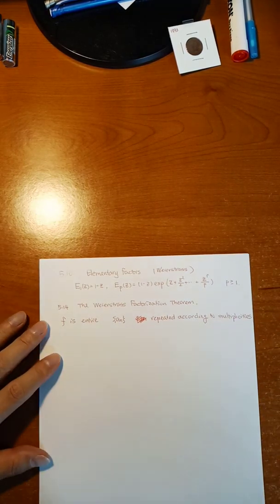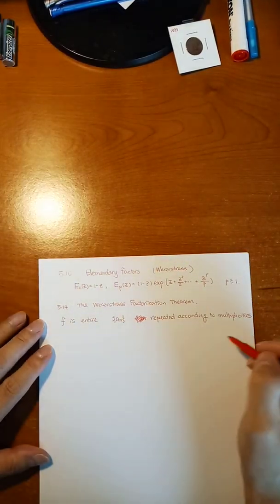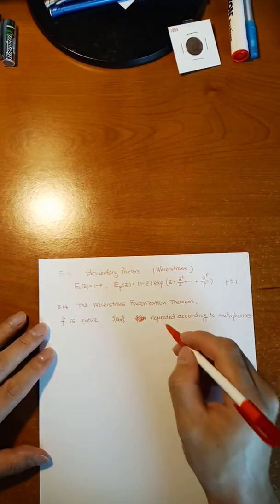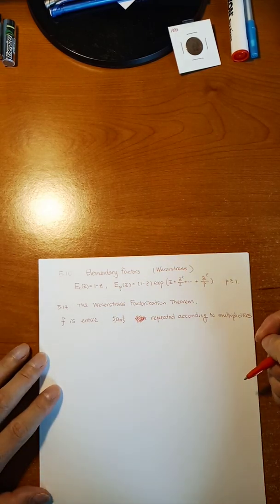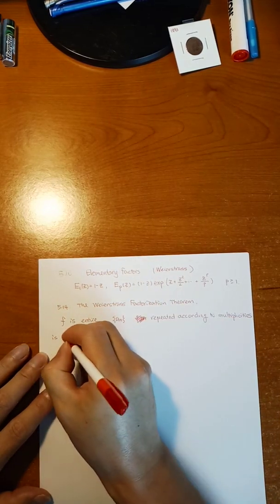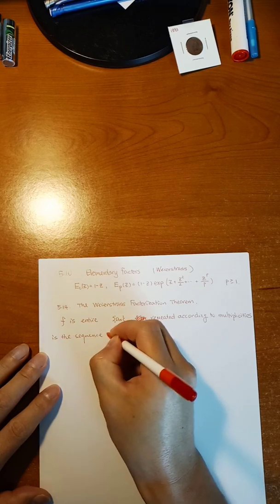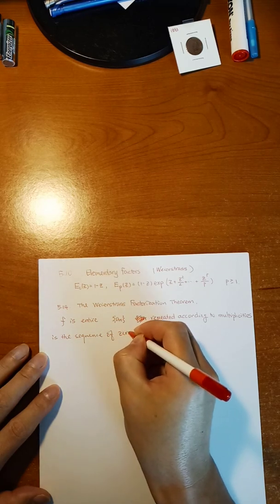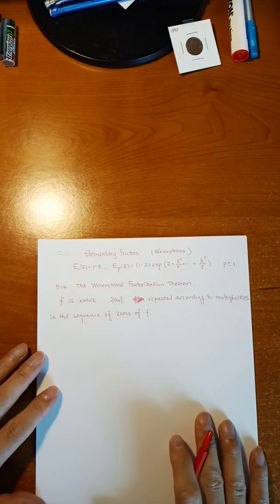If you don't want to repeat elements, then you write the multiplicity sequence. If you allow repeated elements, then you don't need a multiplicity sequence.